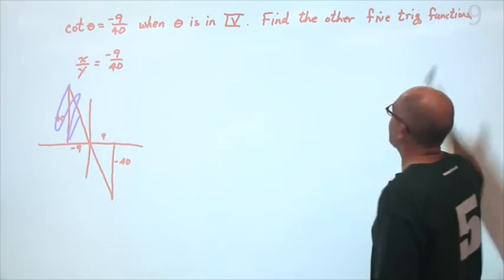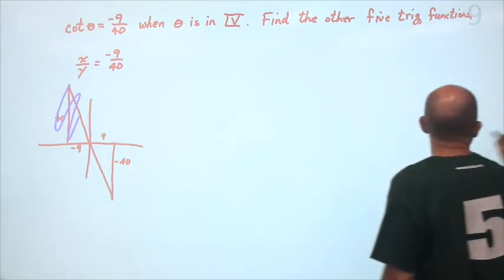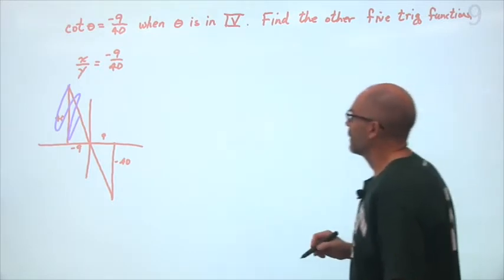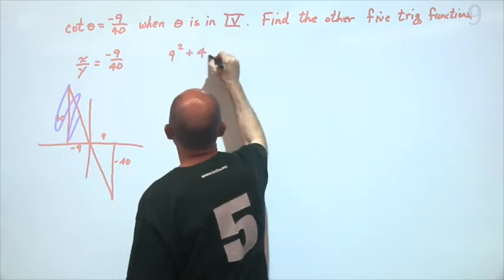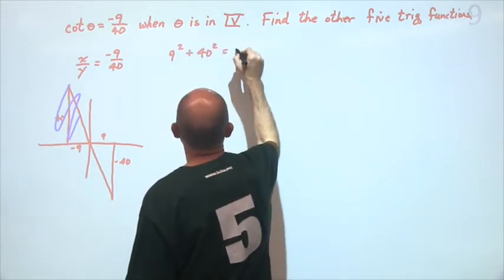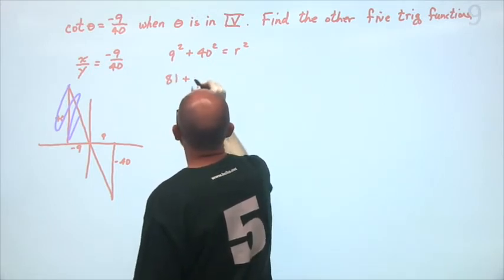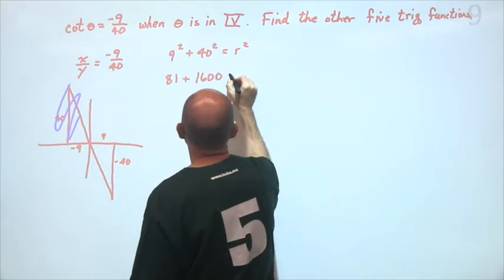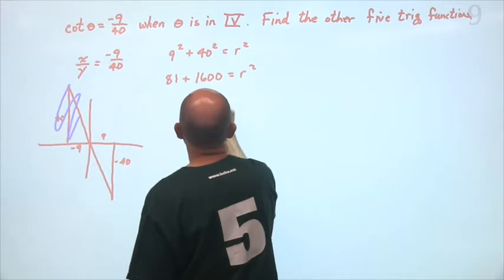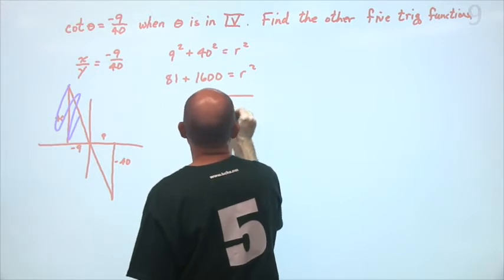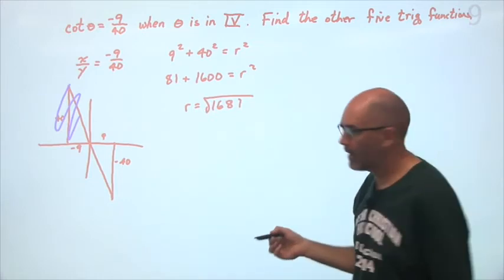Because if we want all 5 trig functions, then we need to know what that hypotenuse is. So we could use the Pythagorean theorem. We could say 9 squared plus 40 squared equals r squared. So 9 squared is 81, 40 squared is 1600. So r equals the square root of 1681, which ends up equaling 41.